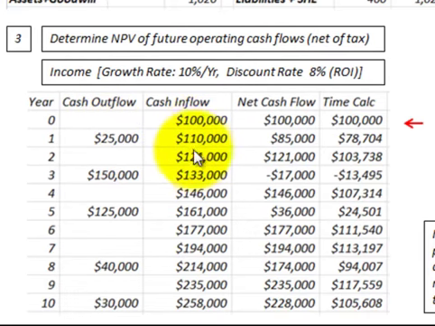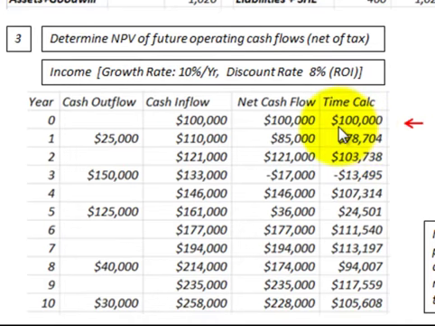And then in the future, this machine is going to generate us cash. So we take the cash outflow and net it against the cash that it's going to generate for us, and we come up with a cash flow. Say, for example, a cash flow was $85,000 for year one. We discount that back to year zero, and it would be worth $78,000.